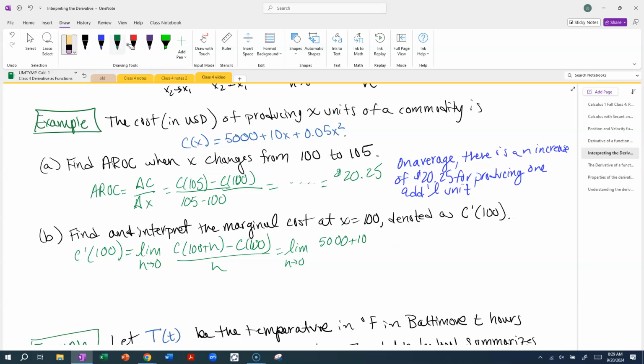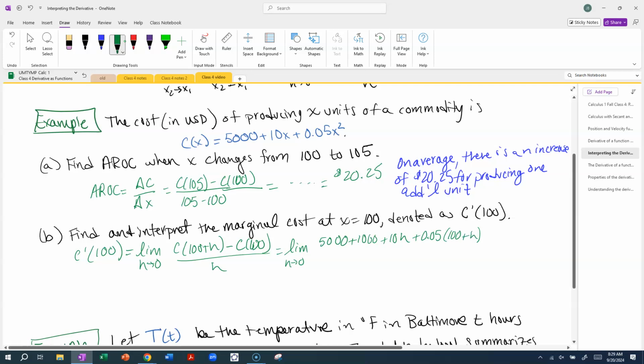I should probably show more work, right? 100 times 10, so that'd be 1,000 plus 10h, and then plus 0.05 times 100 plus h squared, and then this ends up being minus 6,500 if you do the calculation, all over h.